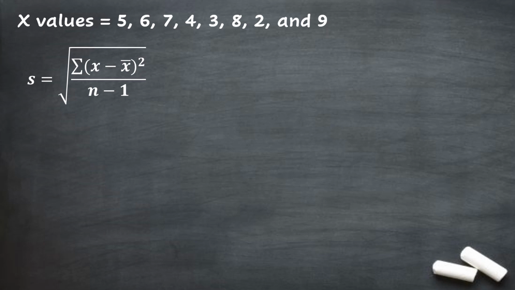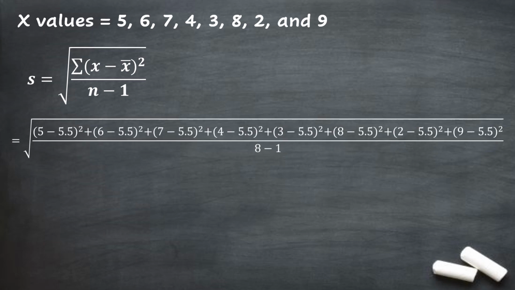I will be showing you how you are going to do that for these given x values. For the first x value, which is 5, you enclose it in parentheses: 5 minus the sample mean, which is 5.5, and then squared, plus 6 minus our sample mean, 5.5, and then squared.